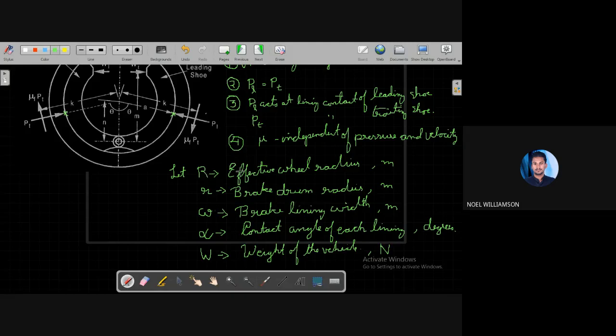That is, capital R for the effective wheel radius. Earlier we used K for that, so instead of that we are using capital R. Then small r is the brake drum radius, instead of A. Here it is denoted as A, but we are using small r.